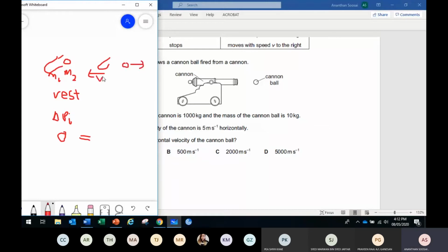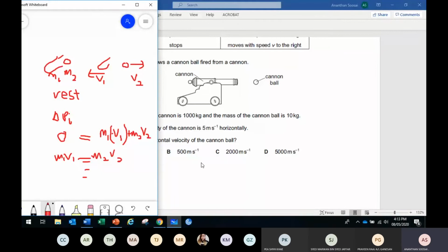This is your V1 and this is your V2. So it will be M1 V1, but V1 itself is negative because it is moving to the left, plus M2 V2. So finally, M1 V1 equals M2 V2. The direction has been considered.